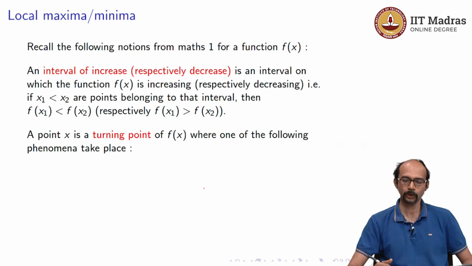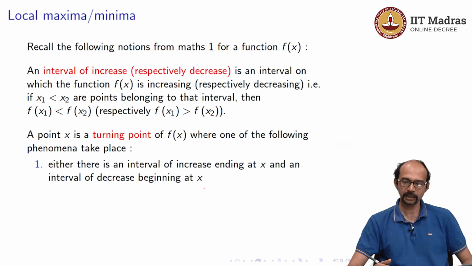We also saw in Maths 1 what is a turning point for a function. A point x is a turning point of f of x where one of the following phenomena takes place. Either there is an interval of increase ending at x and an interval of decrease beginning at x. So the function increases till x and then decreases from x.